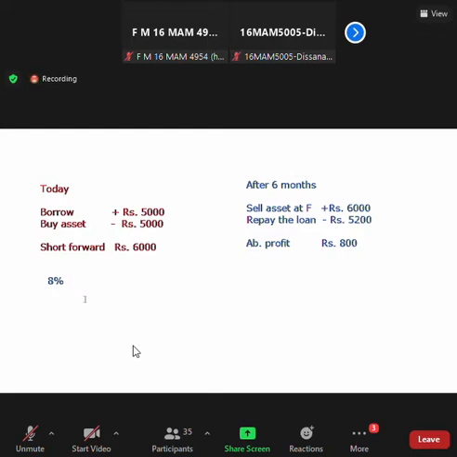So what is the equation to find the rate of return of a share?